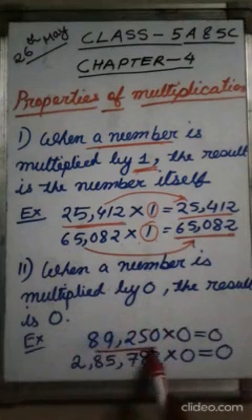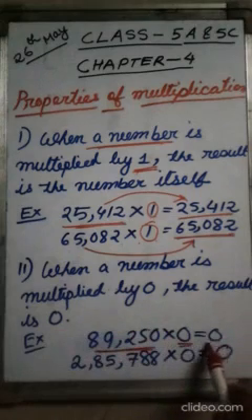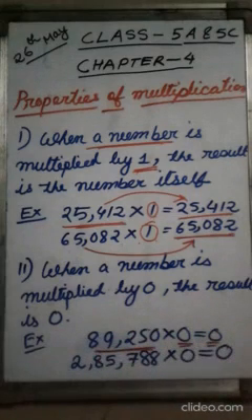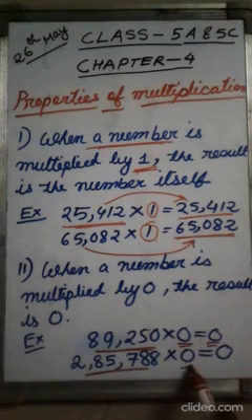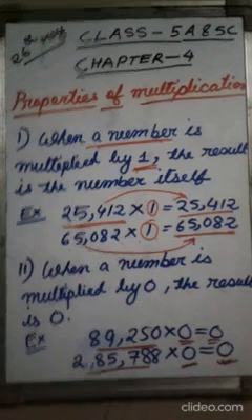If you multiply any number by 0, you will get the result 0. Any number you take, it is not related if the number is bigger or smaller. If you multiply it by 0, the result will be 0.